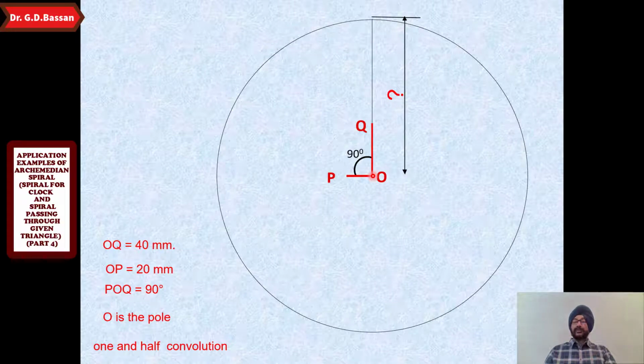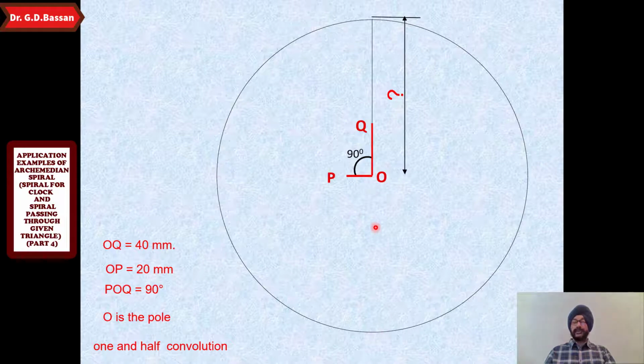Now for 1.5 convolutions, from here we have to complete one convolution, so that is one convolution here and half more. So that will be here. So the final radius vector will come to this particular position. Now suppose in the same example I ask you that it is moving for one convolution, then we have to take this as the final radius vector.